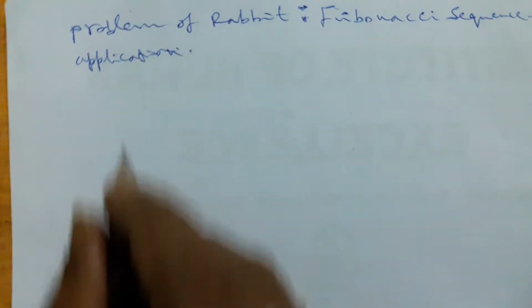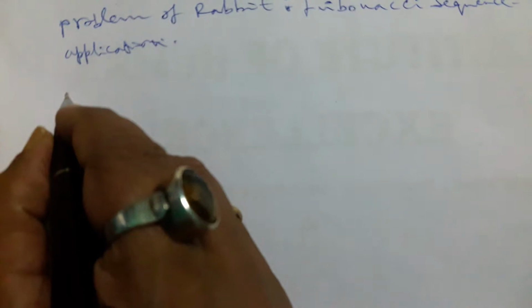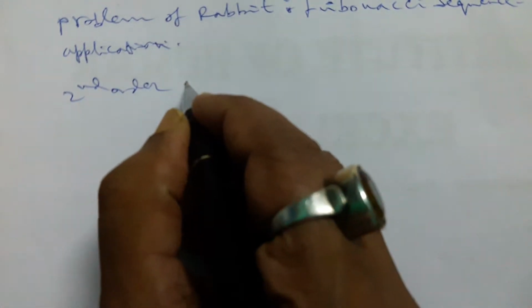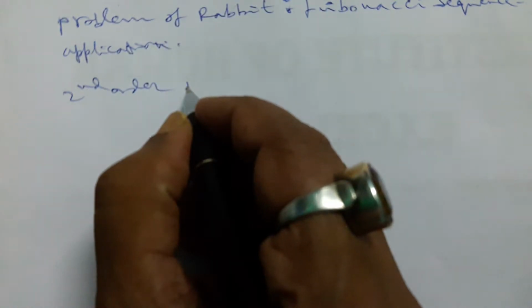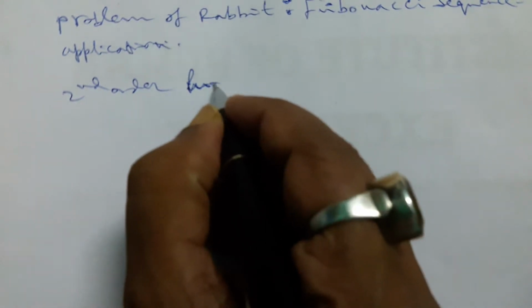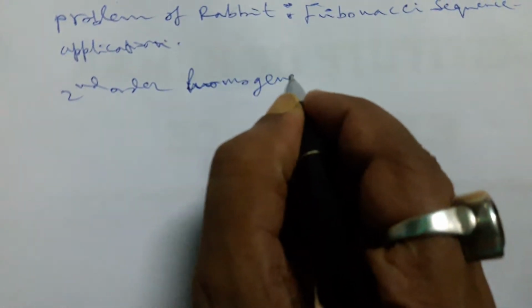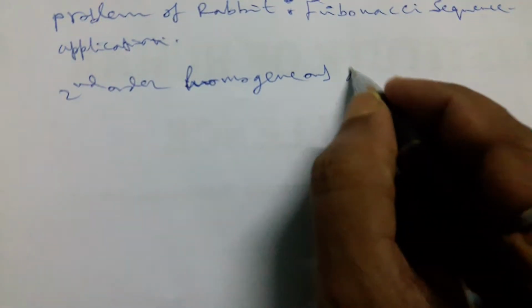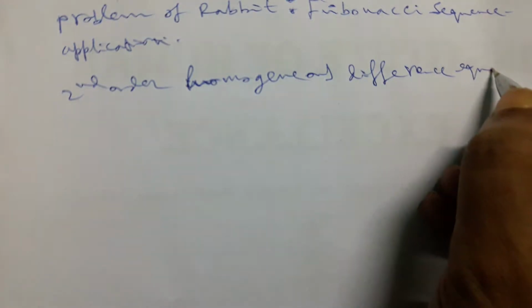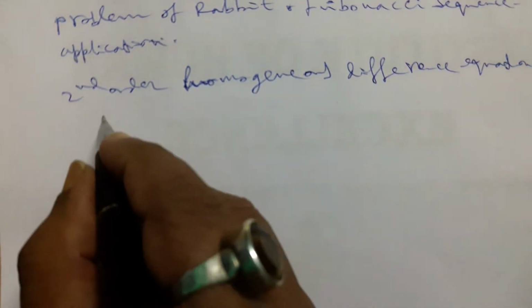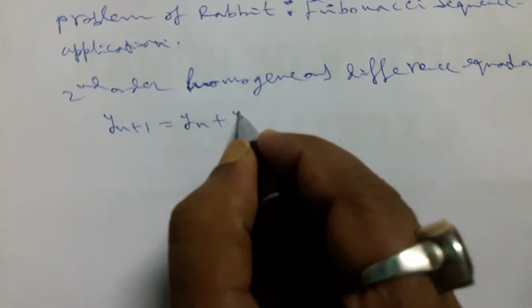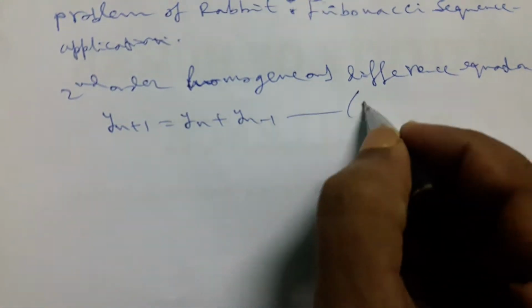Now, let us consider at first a second order homogeneous difference equation: y(n+1) = y(n) + y(n-1), taking it as equation number 1.